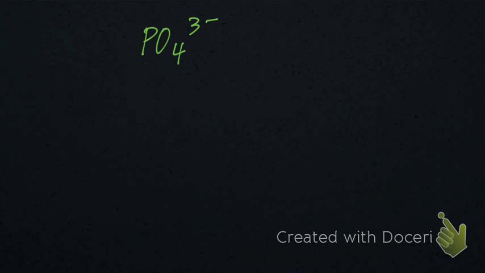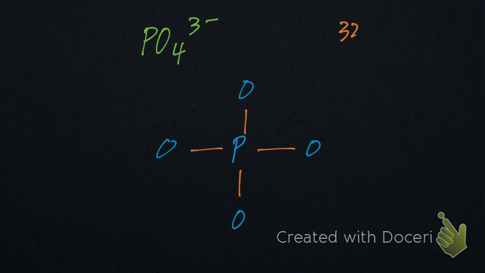I'm going to put P in the middle, and I'll just put the 4 O's. One line, 32 minus 8, 24 left. And I'm going to go ahead and put 6, 6, 6, 6, and be done with it.